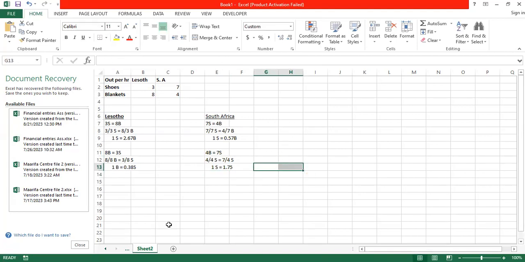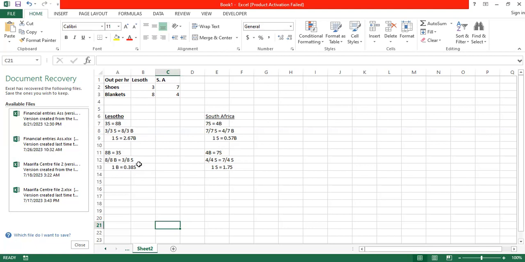All right. So based on this now, we can draw our conclusion. So you can see that if you look at the cost of manufacturing shoes in Lesotho and the cost of manufacturing shoes in South Africa, it's cheaper in South Africa because there it only costs 0.57, while there it costs 2.67. So it's expensive in Lesotho.